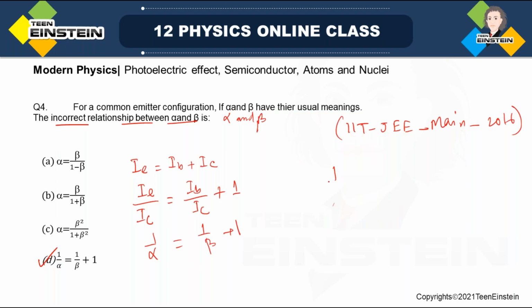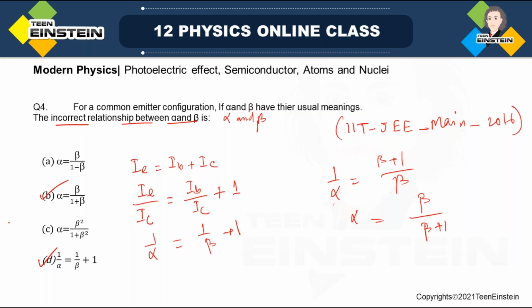So you can write 1 by alpha is equal to beta plus 1 by beta. Then we can just get the reciprocal. Alpha is equal to beta by beta plus 1. So this is again true.